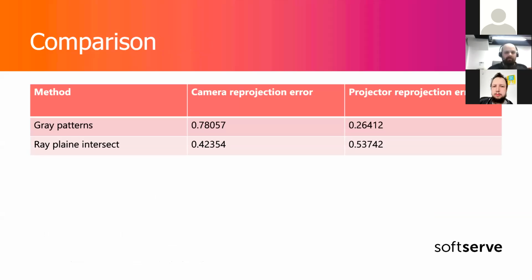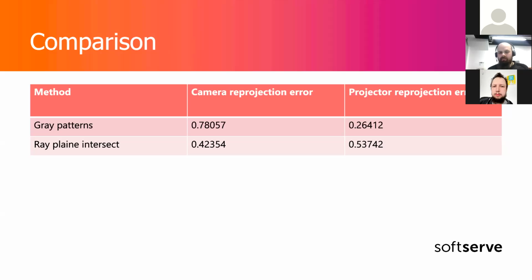So in the end, what we got from our projection errors: the gray patterns yield quite good results for the projector, but we had more robust and better results using the ray-plane intersect and Charuco board. But for the projector, it's not that good.